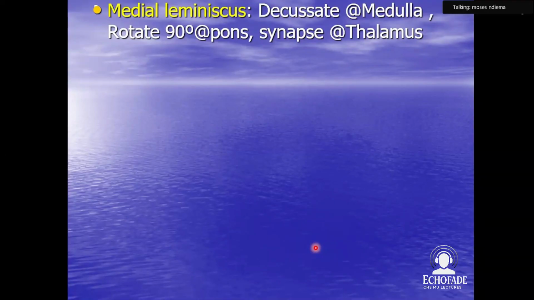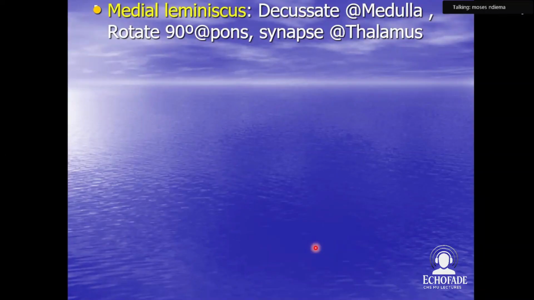So fasciculus gracilis in the medulla oblongata now synapses with the nucleus gracilis. Fasciculus cuneatus synapses with the nucleus cuneatus in the medulla. Then they cross over. The second order neurons cross over. The ones on the right cross over to the left. The ones on the left cross over to the right.